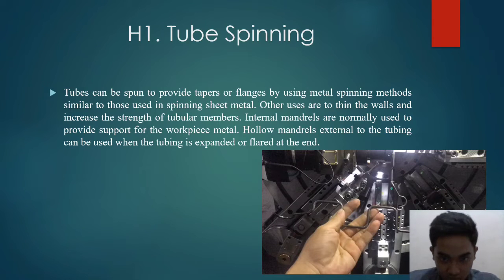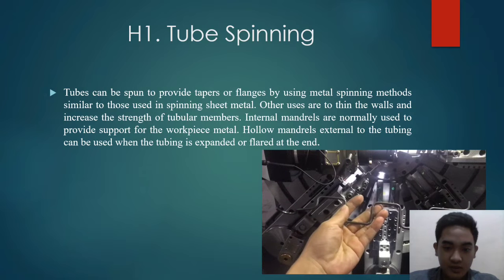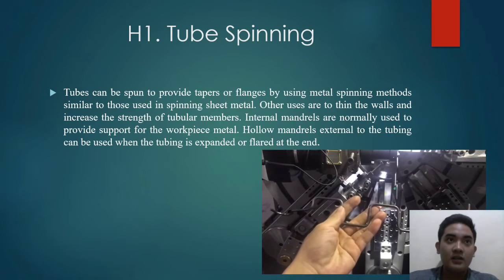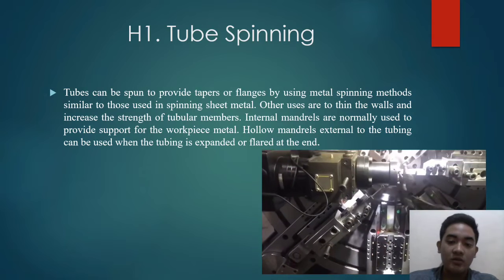Other uses are to thin the walls and increase the strength of tubular members. This is an example, the same as wire forming and the bending process.